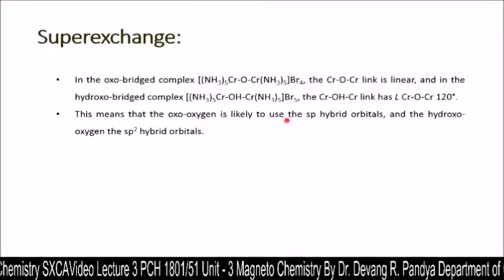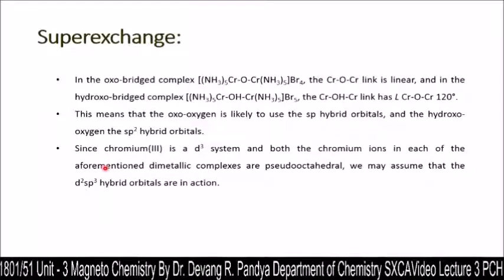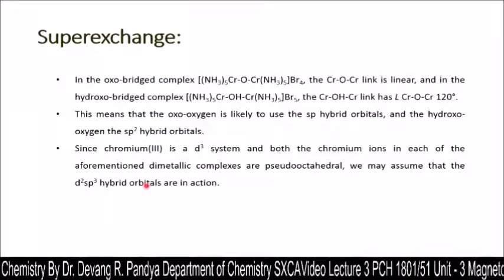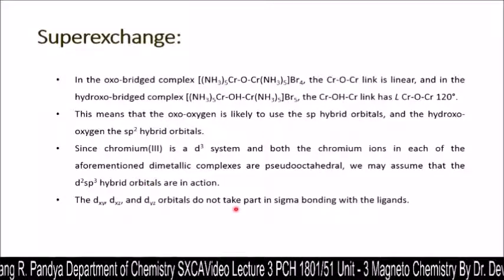Since chromium(III) is a d3 system and both the chromium ions in each of the aforementioned dimetallic complexes are pseudo-octahedral, we may assume that d2sp3 hybrid orbitals are in action. The dxy, dxz and dyz orbitals do not take part in sigma bonding with the ligands. The pz orbital of oxygen is utilized in the sp hybridization of the oxo bridge.